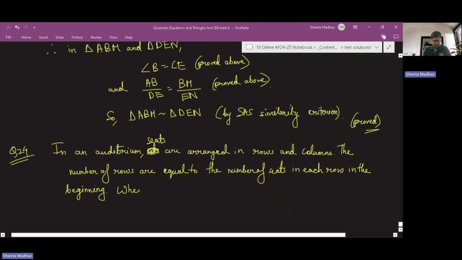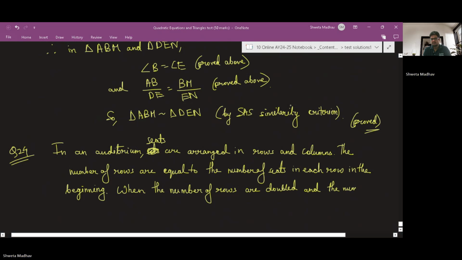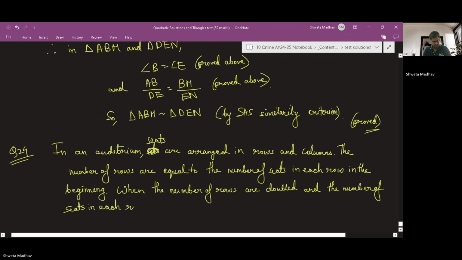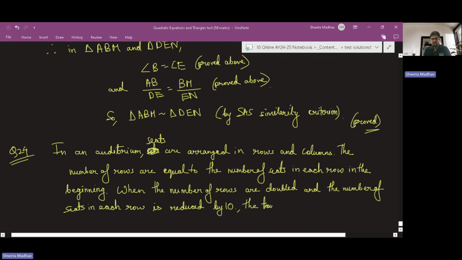Then the number of rows is doubled, and the number of seats in each row is reduced by 10.